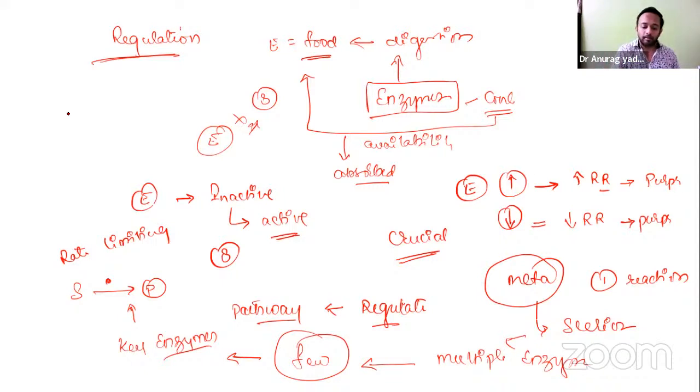Is A converted to B, B to C, or is it C to B? The direction of the reaction is decided by these rate limiting enzymes. So this is just a brief of how regulation and why regulation happens. That is the significance of the regulation.